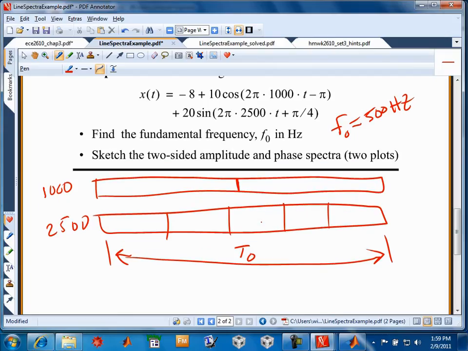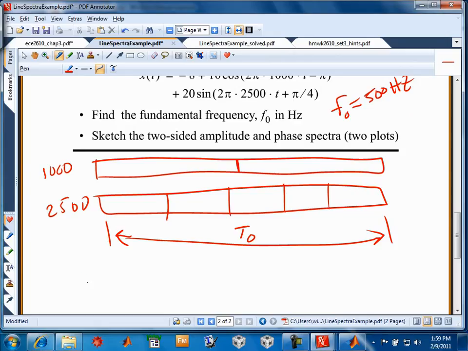Okay, so in terms of working this out then, getting back to this -8 business, that is in polar form 8 e to the j plus or minus pi.